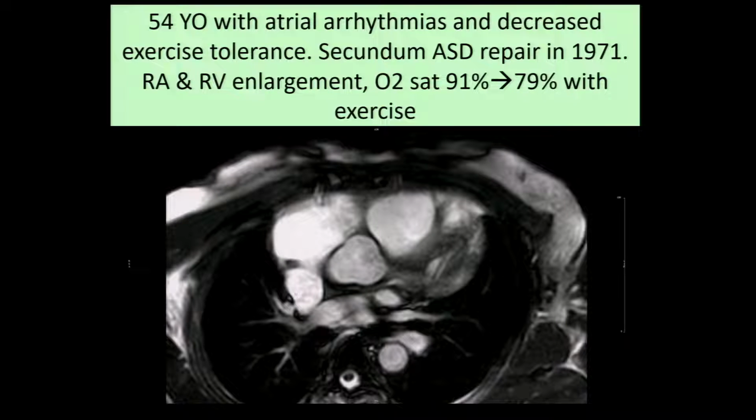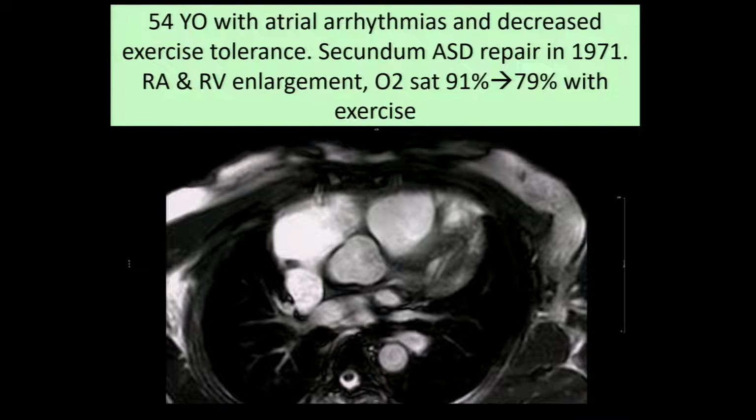That's another thing, and that's why it's important to have the op notes. Sometimes the azygos will get ligated during the surgery, just in an effort to mobilize the SVC. Some surgeons will do that.